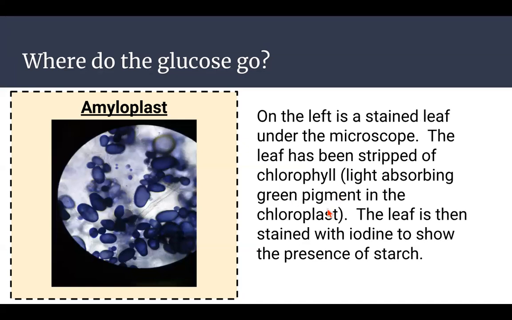Because if you don't remove the chlorophyll, the colors interact with each other and you can't see the amyloplast clearly stained with iodine. Iodine is a chemical that you learned in Unit 1 that can react with starch to generate a darkish bluish color. All right. So in order to stain and see if there are amyloplasts and if there's starch inside a leaf, you must first remove the chlorophyll.